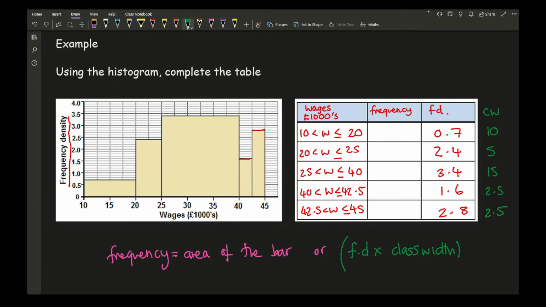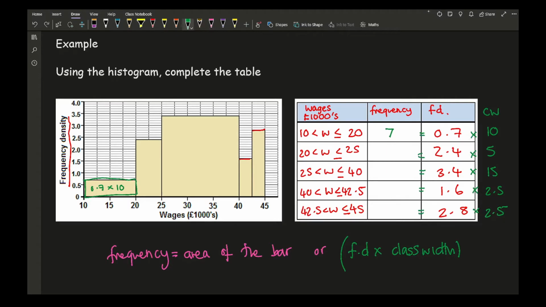To work out the frequency, all I need to do is work out the area of each of these bars. For example, the area of that first bar is 0.7 times 10, which gives me the answer of 7. Alternatively, I could simply multiply the class width by the frequency density, and if they're nice numbers you can work it out on your calculator.